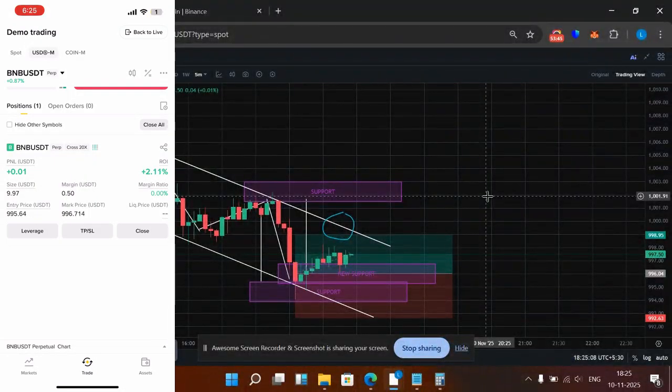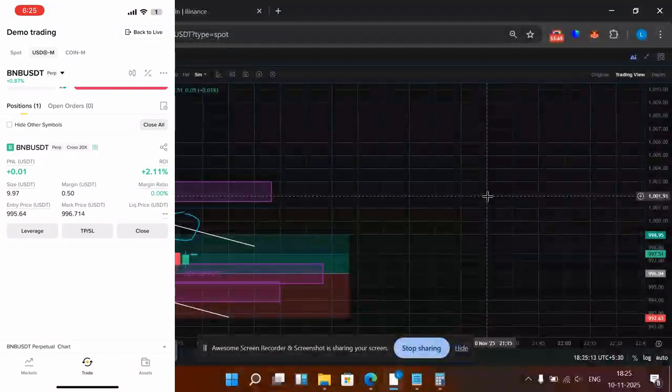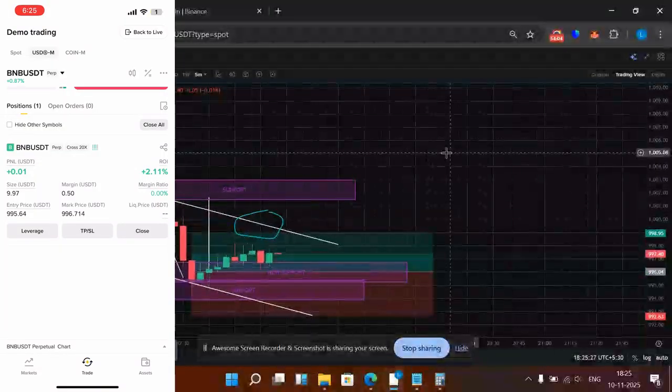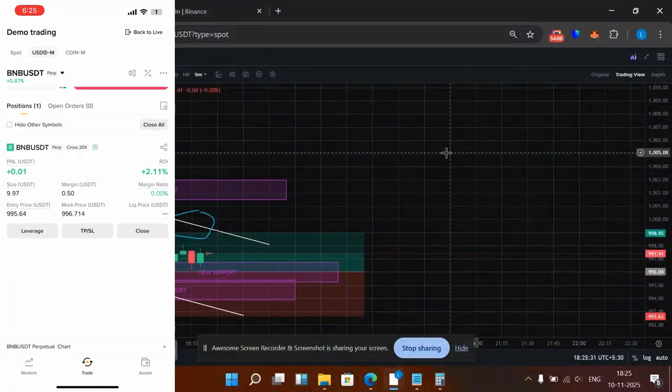Okay, we are up. Let's hope for the best and let's hope it goes up. I always prefer to take a longer trade and always set the stop loss at the correct place and also set the take profit at the correct place.